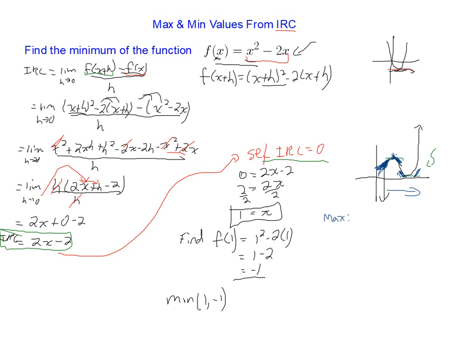At a maximum, we go from a positive slope to a negative slope. And for a minimum, we actually do the opposite. We go from a negative slope to a positive slope.